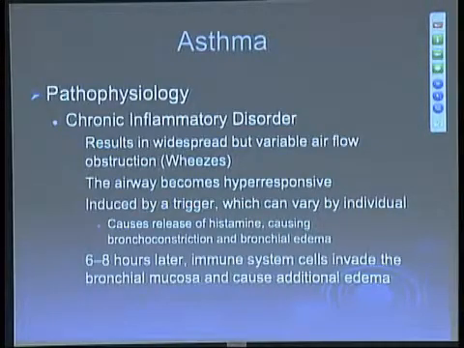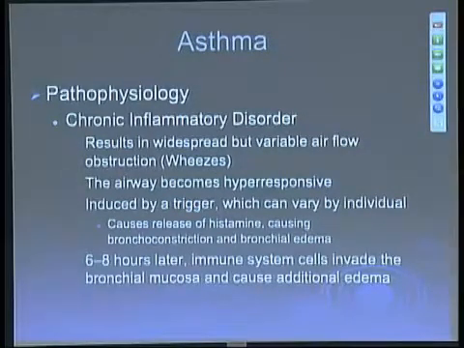You have to look at the patient. If they're not wheezing but they're semi-obtunded and breathing at 45 times a minute, that is not a good sign. The airway becomes hyper-responsive to stimuli.